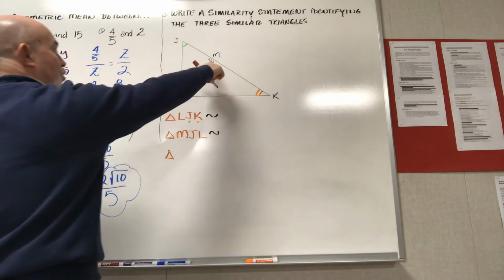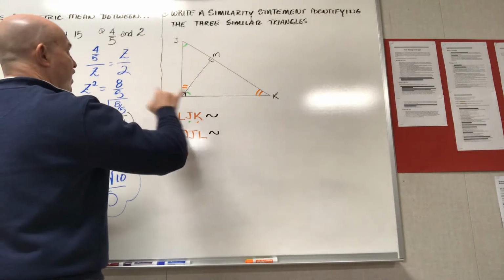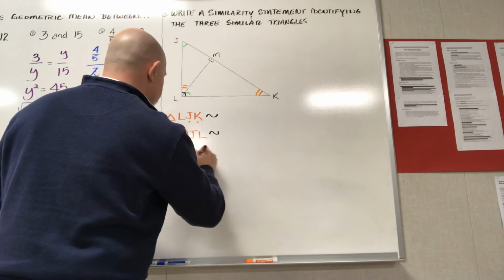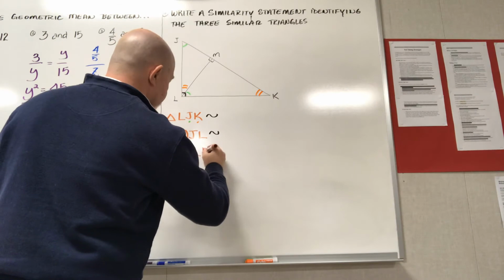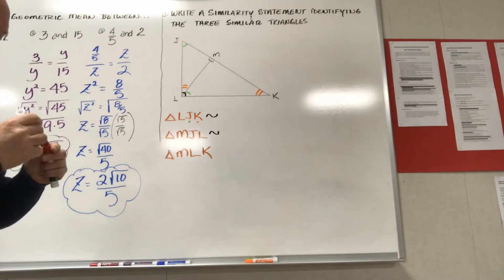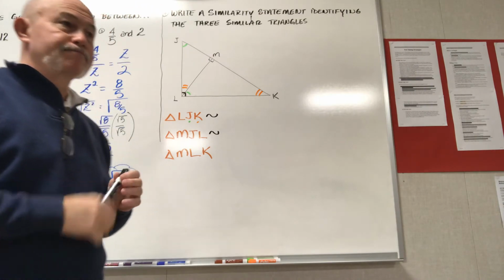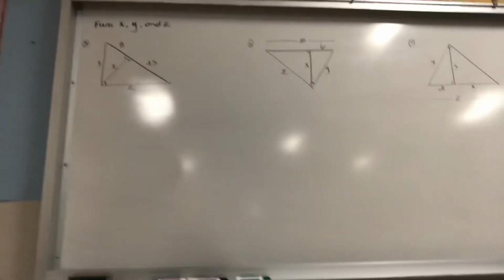Right angle, right angle, right angle. Green, green, green. Orange, orange, orange. There they are, lined up properly. You're pretty much done. That's just a practice one. Just make sure you're putting them in the right place.